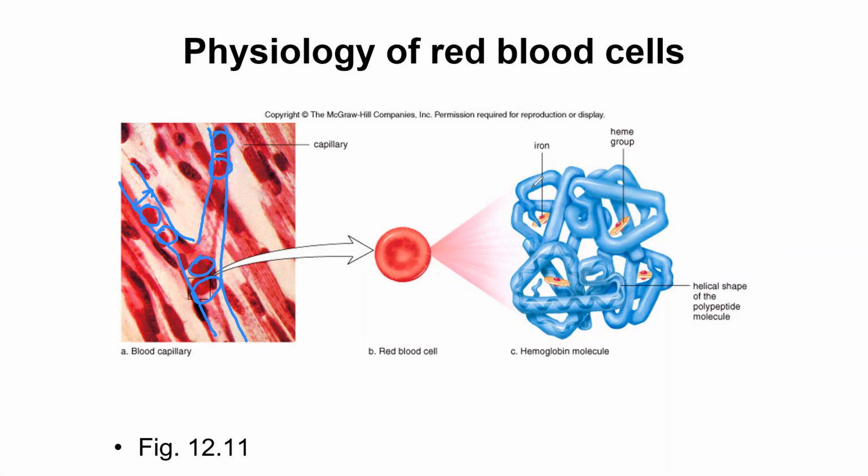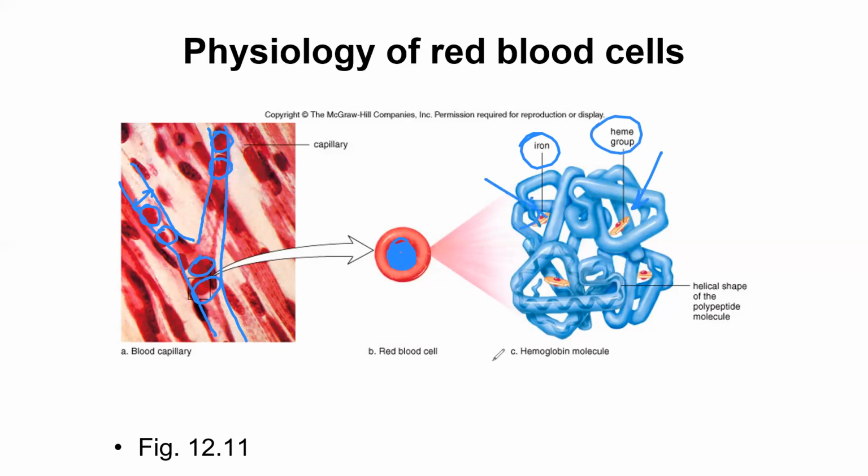On the right side, we're zooming into a red blood cell, and there again is the sort of dip in the middle. Circle, circle, circle, the flat portion, the biconcave disc portion of the red blood cell. Now, on the right side, you'll see there's the little red bits, those are iron. And then each of these little yellow portions, those are the heme groups.